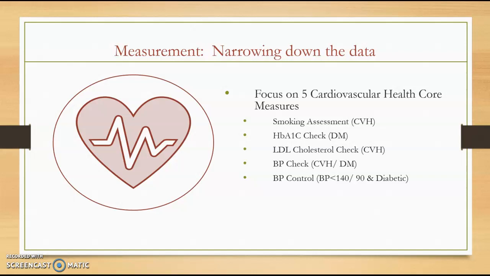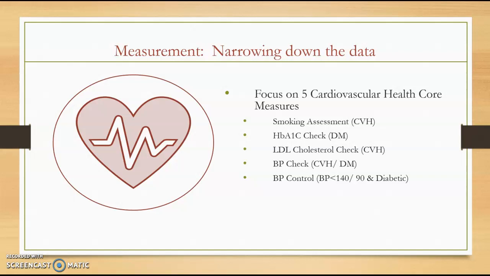One was assessing patient smoking upon an encounter at the office, checking for bad cholesterol, checking the HbA1c, which stands for hemoglobin A1c rate, which measures the average glucose level in a patient's body over the last 3 months, which is a key indicator of glucose control.